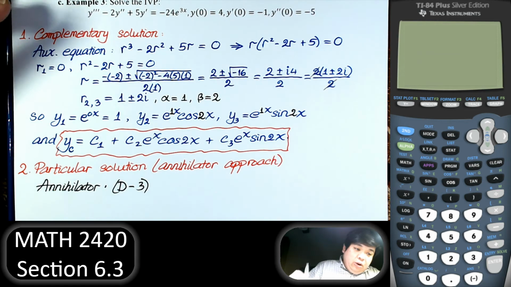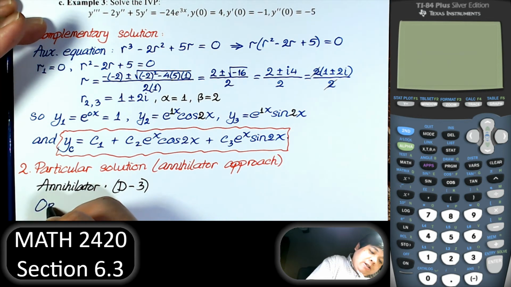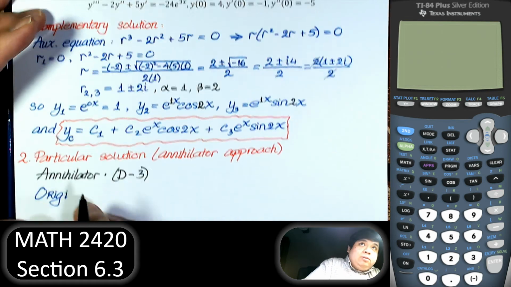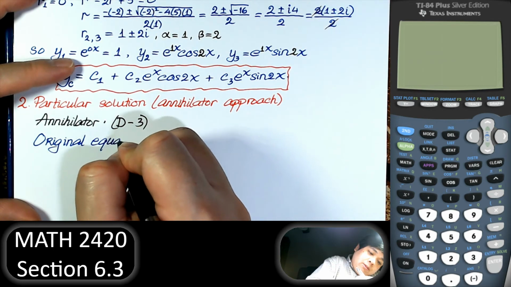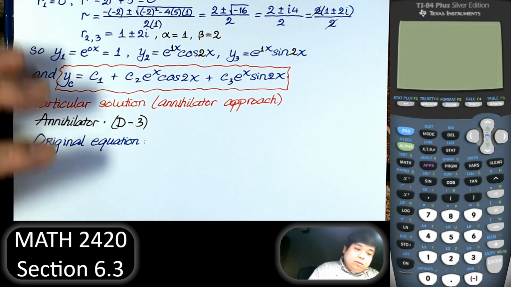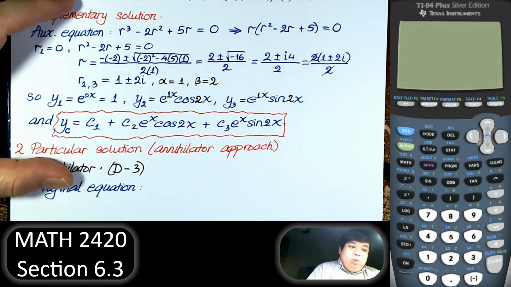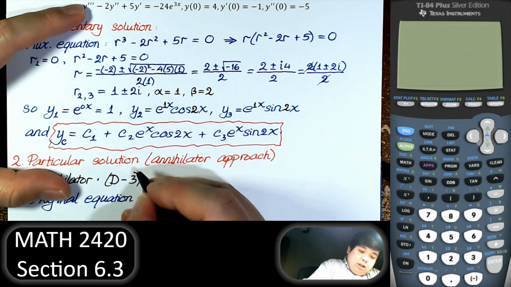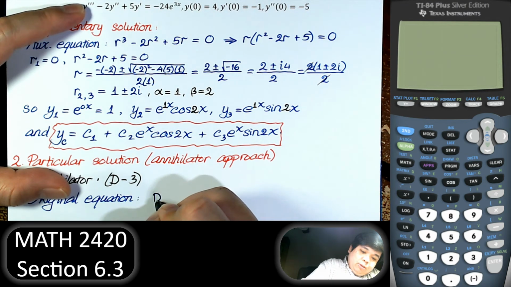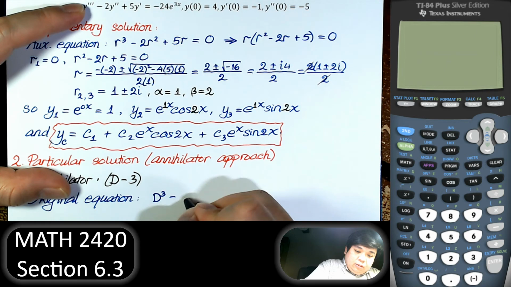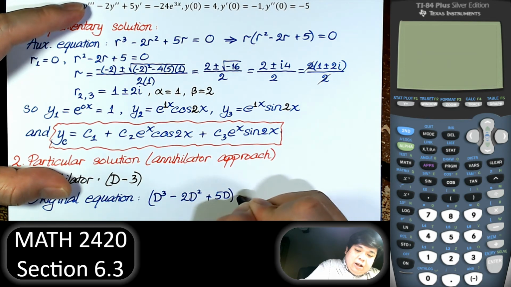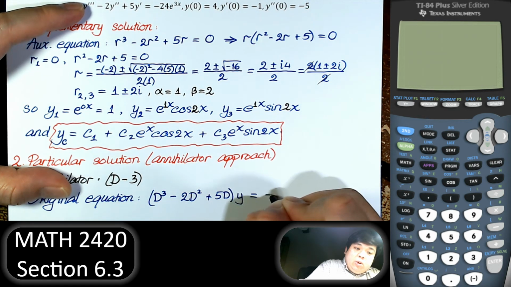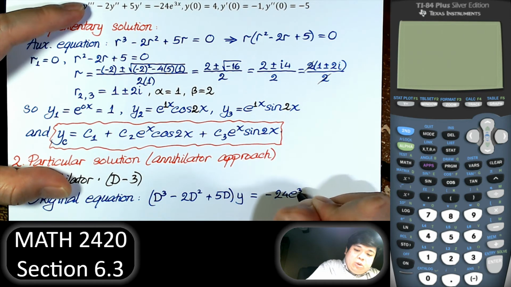And now the original equation. Original equation, we write the third derivative d cubed minus 2d squared plus 5d applied to y equal to negative 24 e to the 3x.